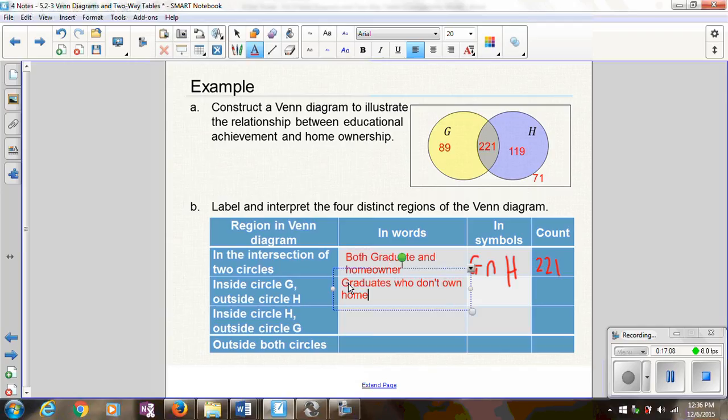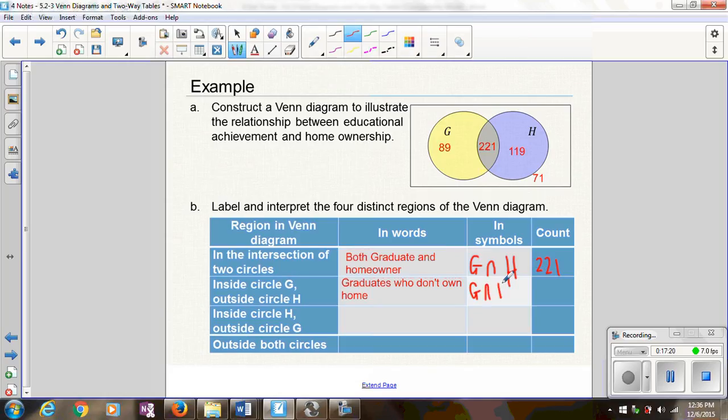If I'm going to be using symbols, that would be the intersection of G, because they are graduates, and not H, because anything outside the H circle corresponds to not being a homeowner. So the G circle overlapping not H would be the graduates who don't own a home. And I know that there are 89 people in that group.